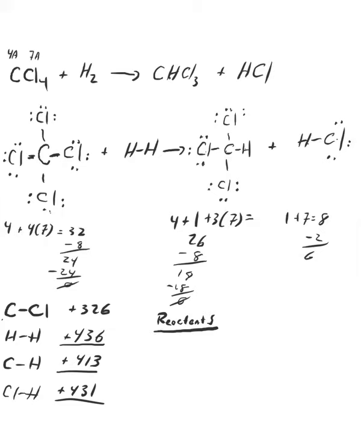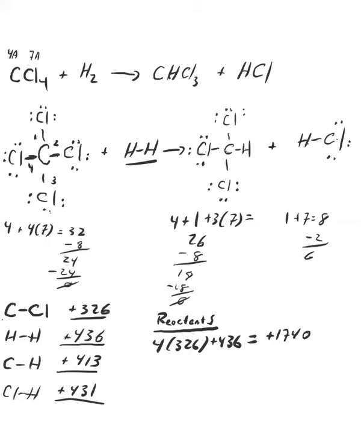You've got a carbon chlorine bond, but there's 4 of them. 1, 2, 3, 4. So it's 4 times 326. And then you've got an HH, there's only 1 of them there, so plus 436. Okay, so 4 times 326 plus 436, and you get 1740.